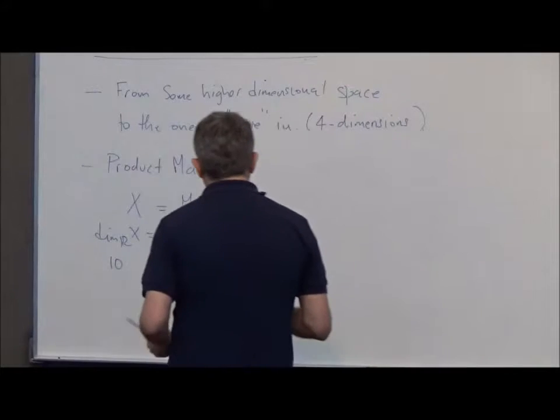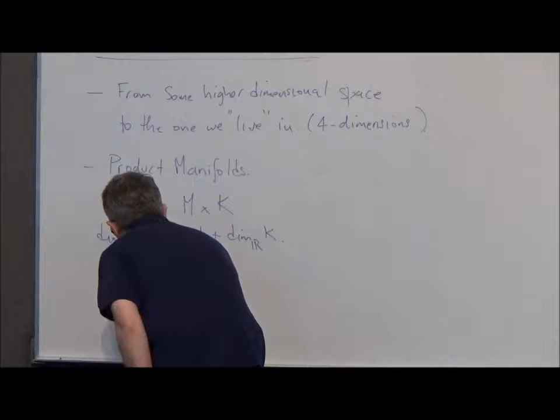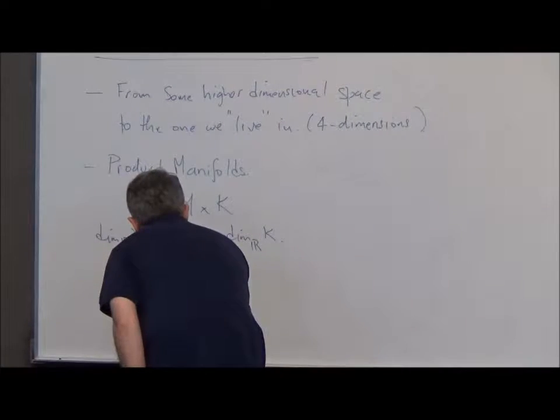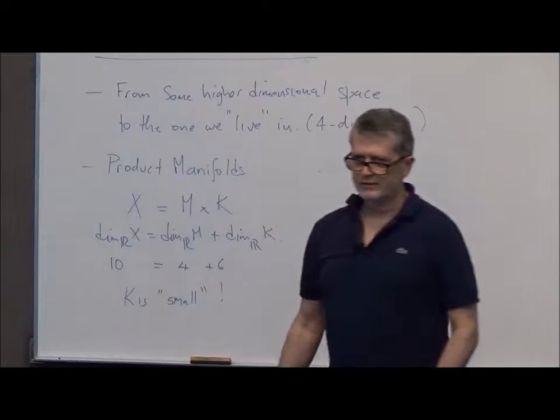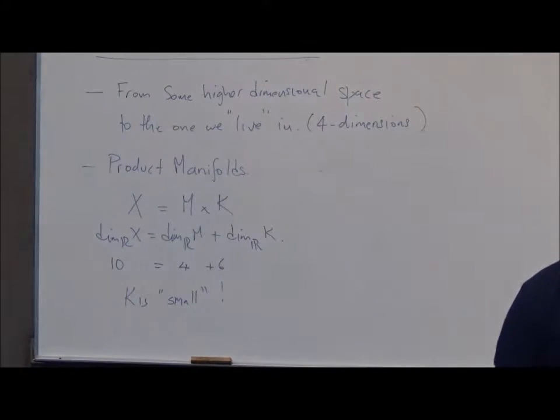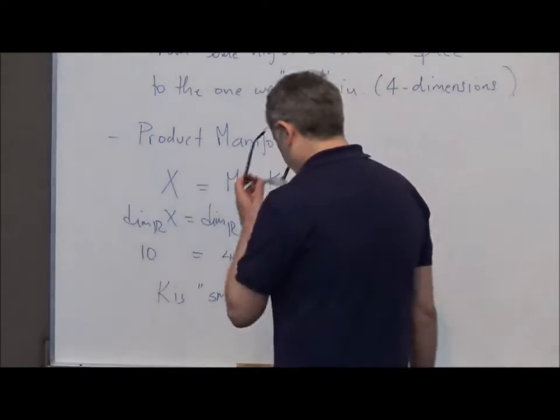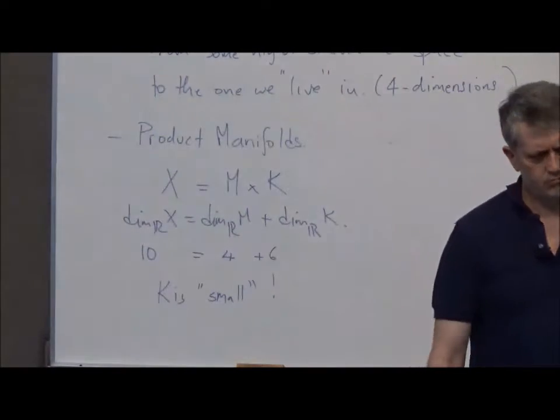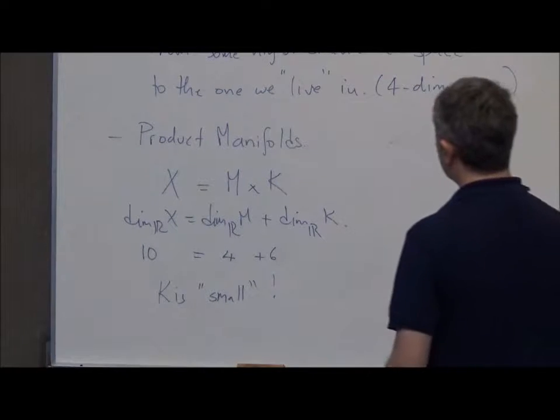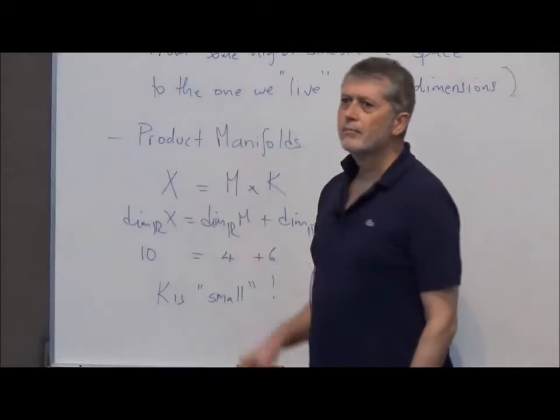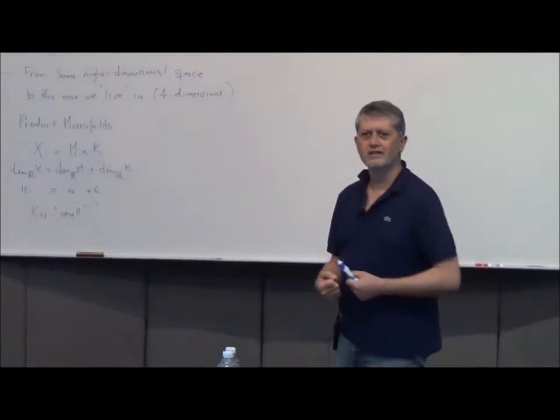All right. And in a sense, the only way that's going to work is if K is small. K is small will mean that somehow the ratio of the volume of K to M, or some way of measuring things, is small, okay?